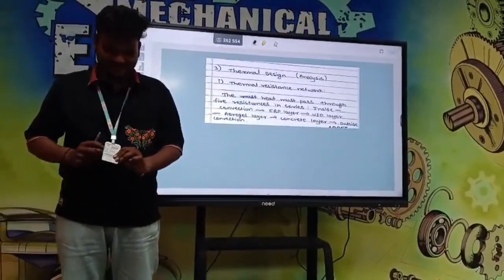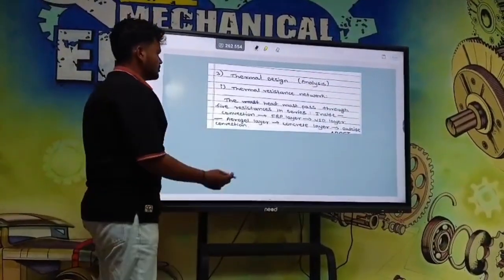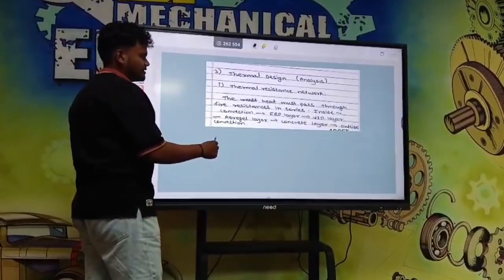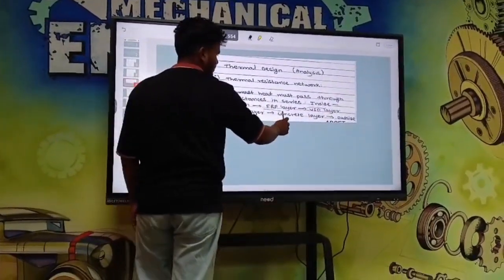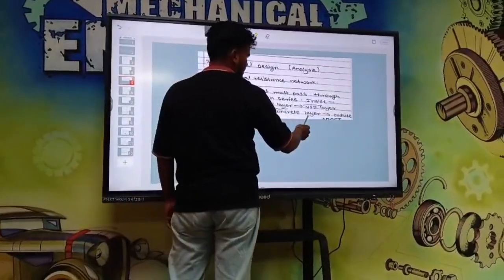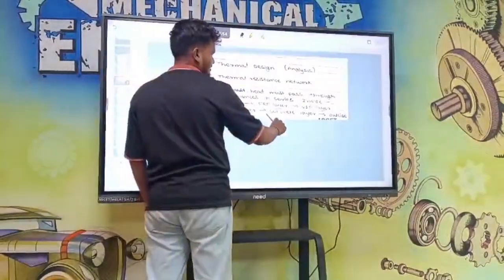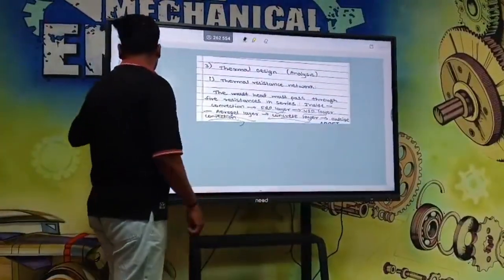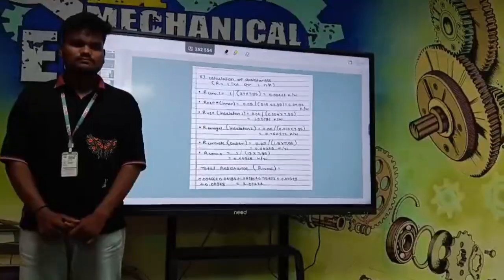The next step is thermal design analysis. In the thermal resistance network, the heat must pass through all 5 resistances in series. First is inside convection, next the FRP layer, then the VIP layer and aerogel layer, and last the concrete layer and outside convection.